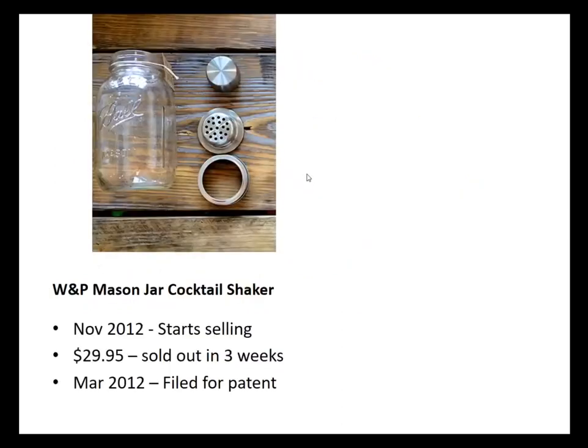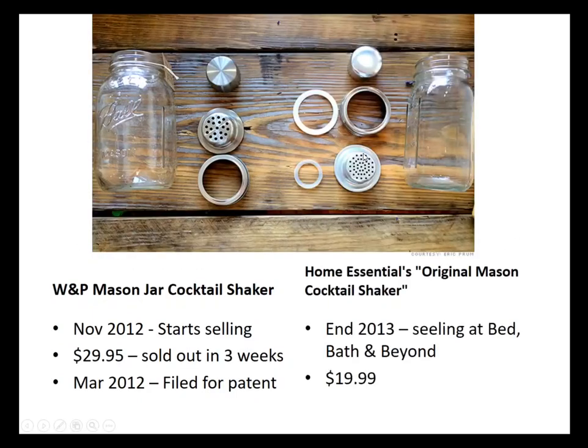I'll give you an example here. This is the Mason Jar Cocktail Shaker by W&P. They started selling in November 2012. They sold out in 3 weeks, and they had filed for a patent 6 months earlier. Doing really well, which is great. Then Home Essentials came out with another product that's quite similar called the Original Mason Cocktail Shaker.